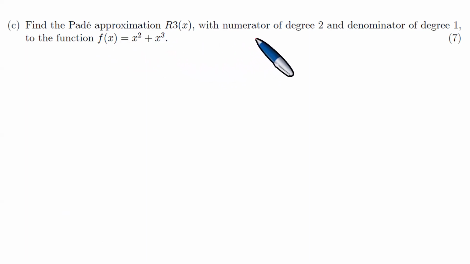With numerator of degree 2 and denominator of degree 1, for the function f of x equals x squared plus x cubed. We're mastering this concept so that we can move on to other concepts. Now, let us ponder on this one.